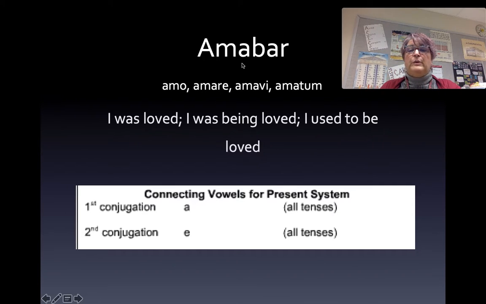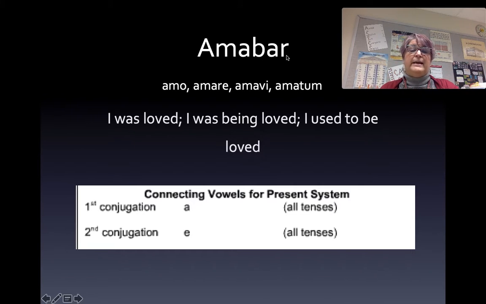Notice that when we look at the verb, if I don't understand that I have a base, a connecting vowel, and an ending, I might assume that my verb is just amaba. This is my verb, amaba, but it isn't. My connecting vowel is a, my ending is bar. And that's how I know I'm in the imperfect tense, because of the presence of this ba.